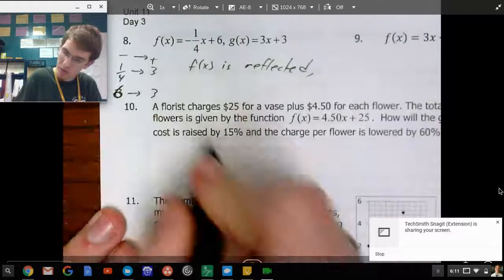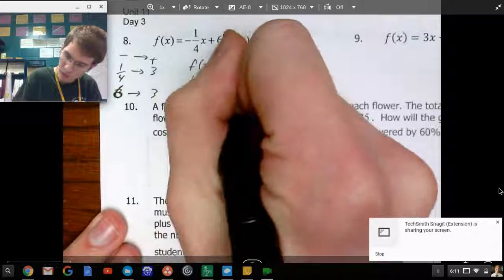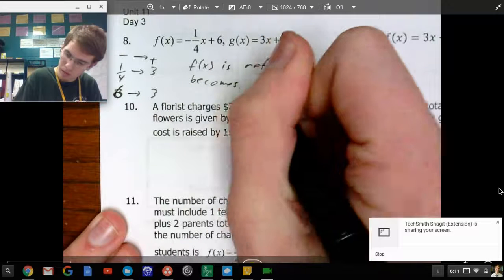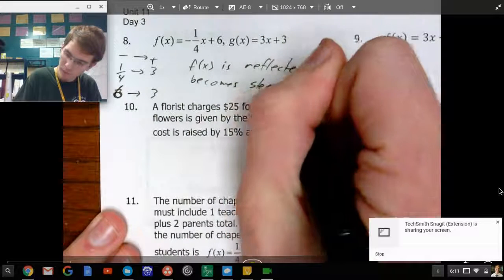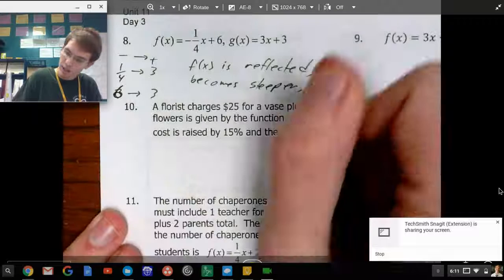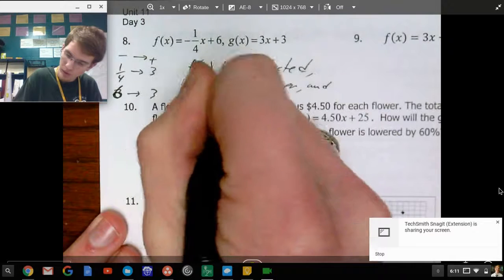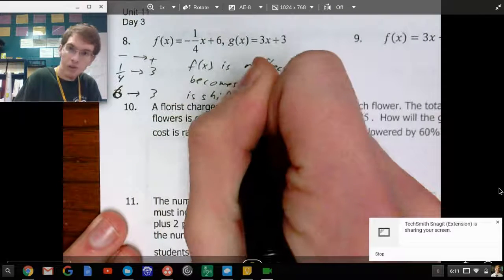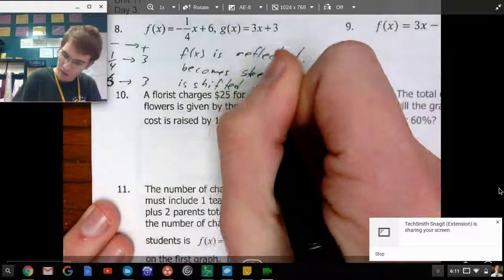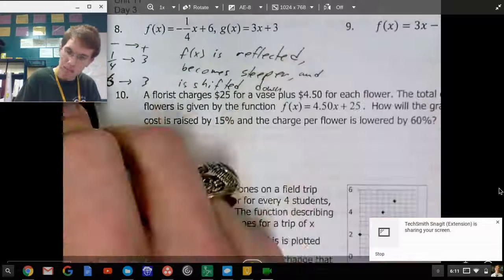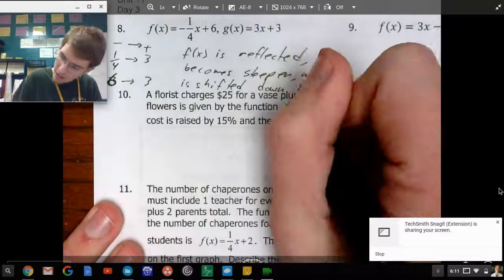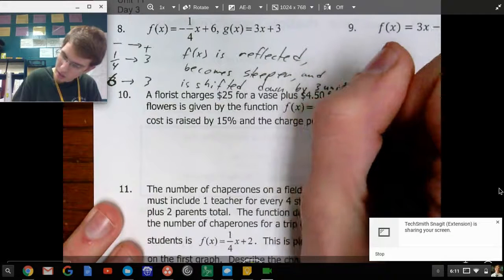Goes from 1/4 to 3. So it becomes steeper. And shifted down as we're going from 6 to 3. Shifted down by 3 units.